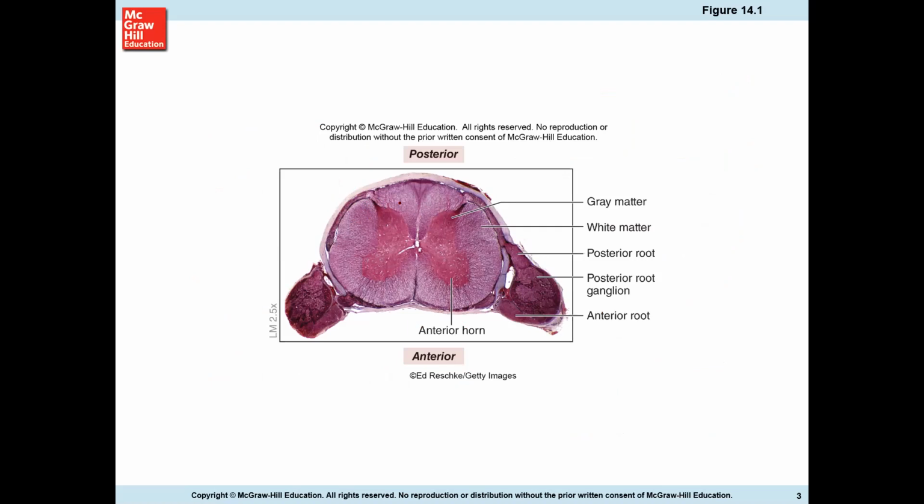So this is a cross-section of the spinal cord. And notice this darker area in here. Looks like an H, right? We're going to do the spinal cord later, but this is gray matter. Now, you know what makes gray matter gray and what makes white matter white, because here's all white matter in the spinal cord.